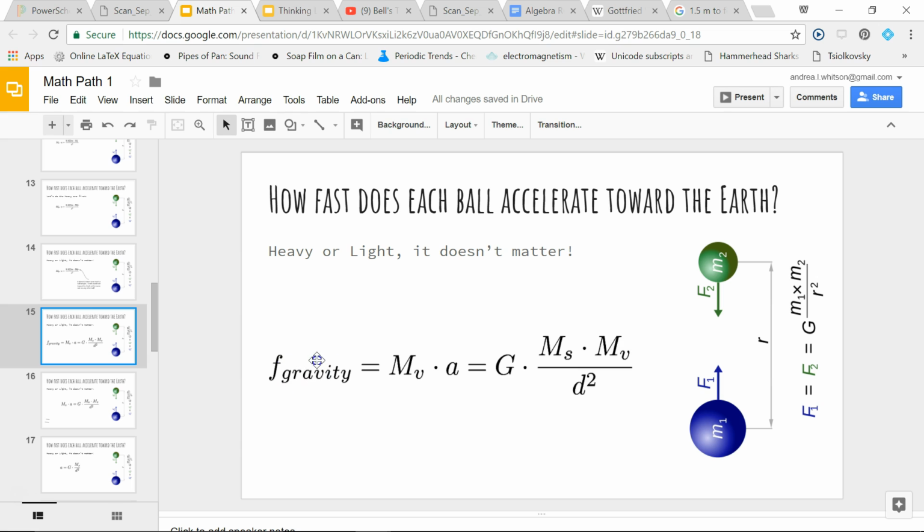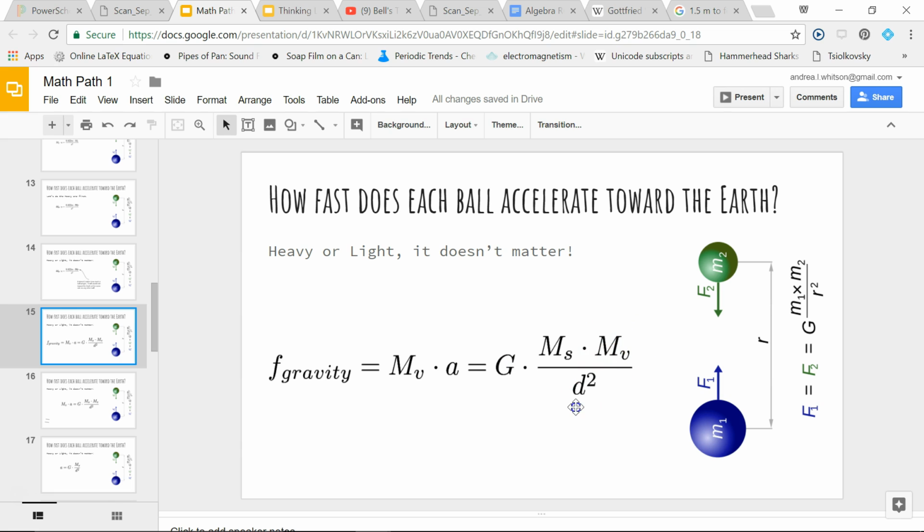In your homework, we got to a point where the force due to gravity is equal to the mass of the volunteer times the acceleration. And this acceleration was going to be different than Earth's acceleration because we're using the sun instead of the Earth. And the gravitational constant stays the same. This is the same for the entire universe. Every time we talk about force due to gravity, it's the same constant.